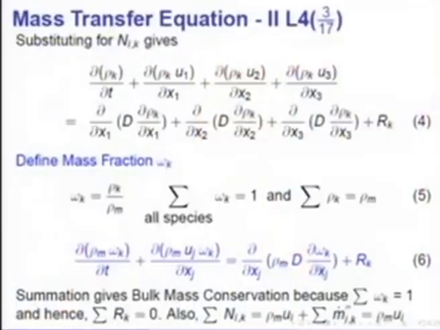The net result is that summation of all diffusive quantities would be 0, and therefore, sigma n I k would be sigma rho m u I plus sigma m double prime I k, but that quantity is 0 and therefore, sum of the mass fluxes in direction I are simply the bulk mass flux rho m u I. We shall refer to this equation much later in the course.